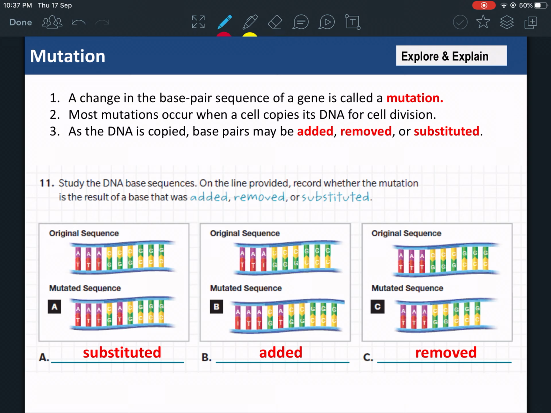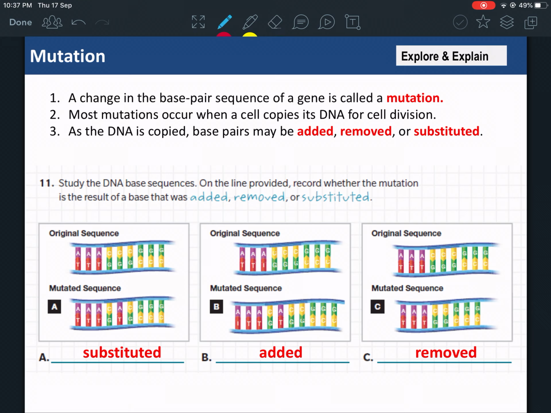So here you have substitution. Like here, C was removed and A came into its place. That's why T paired with the A. This was removed, this was added instead. So it was substituted. That means it came in its place.